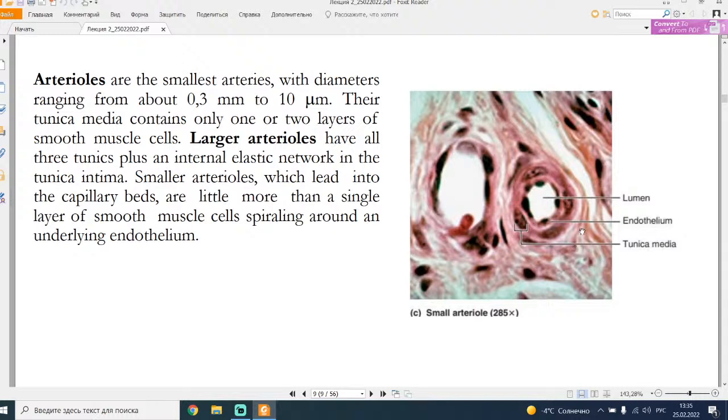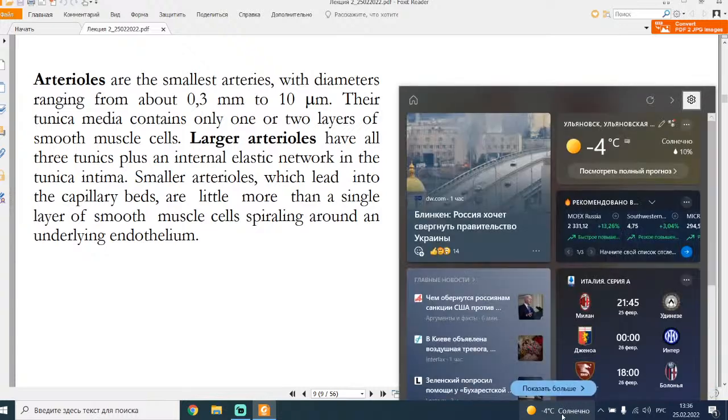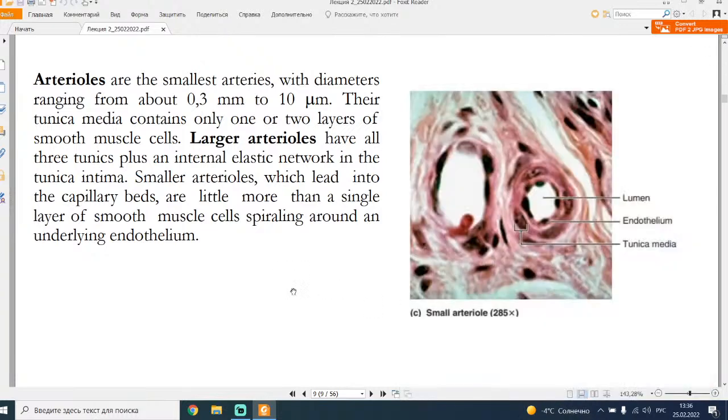Larger arterioles have all three tunics plus an internal elastic network in the tunica intima. Smaller arterioles which lead into the capillary beds are little more than a single layer of smooth muscle cells spiraling around an underlying endothelium.